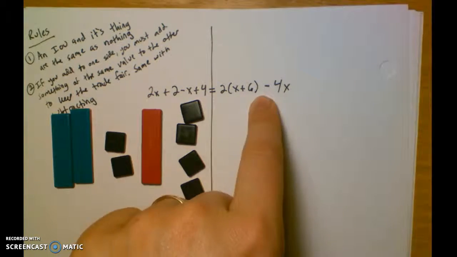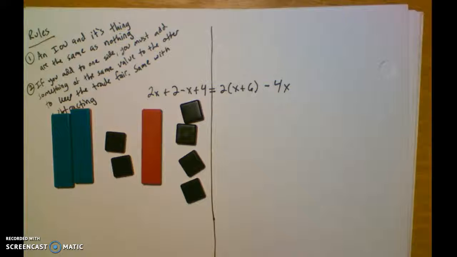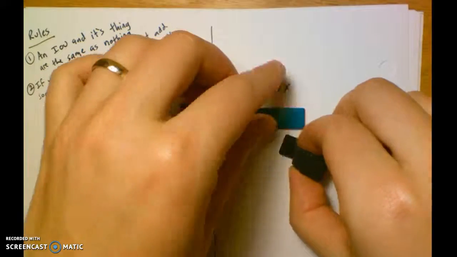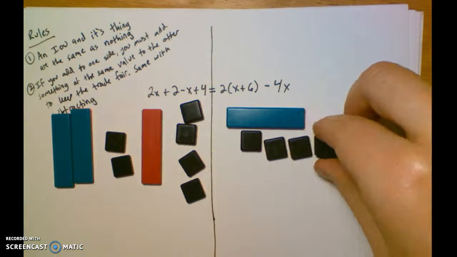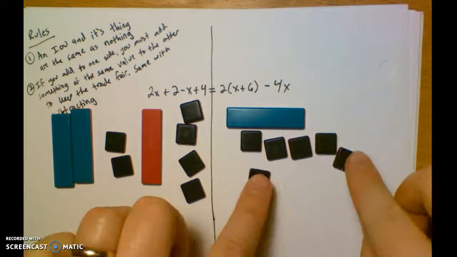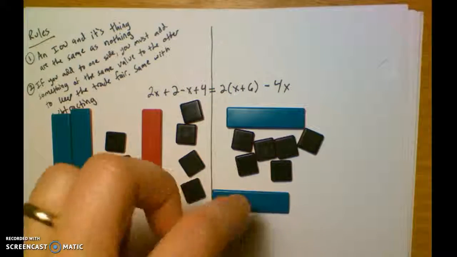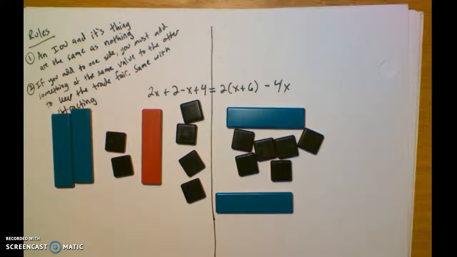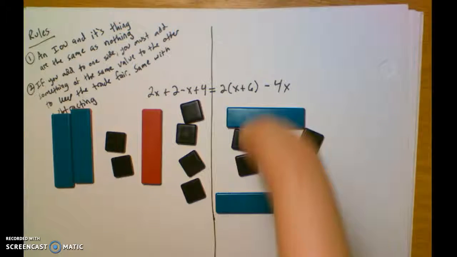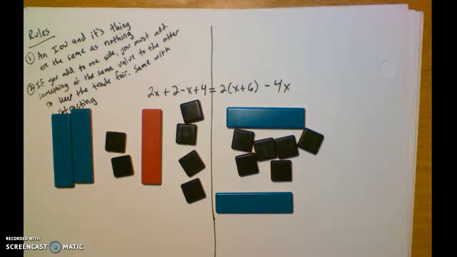Now here I'm going to put two sets of an x plus 6. So let me gather my little algebra tiles up here. There's an x or a widget and 6 right there. And then I have to have two of them because of that 2 being multiplied by both the x and the 6.